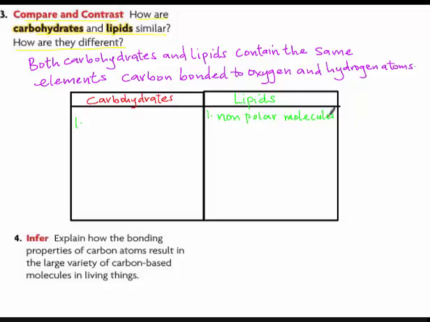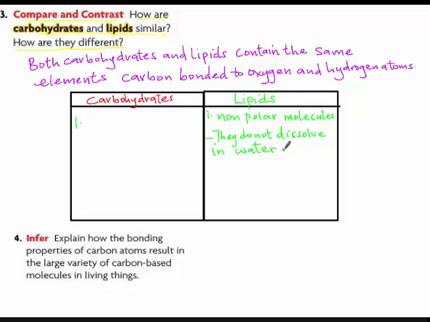Because they are non-polar, they do not dissolve in water.